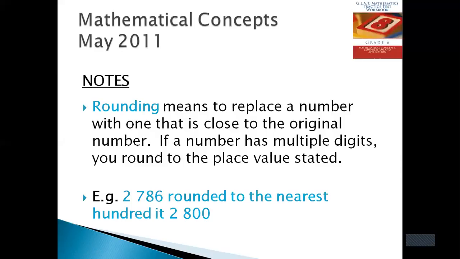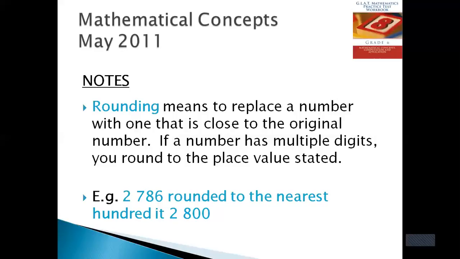The 7 is in our hundreds position. And remember, the change took place with the 7, from 7 to 8. So the change took place at the hundreds position. So in this example, our number is rounded to the nearest hundred, and it goes from 2,786 to 2,800. Okay, so that's our example.